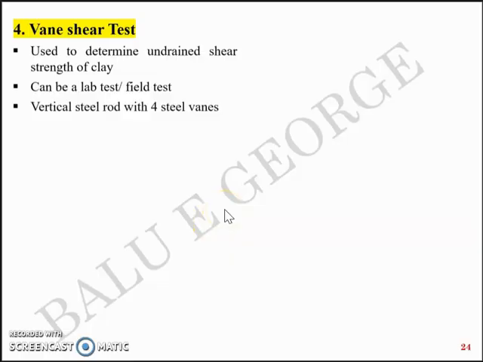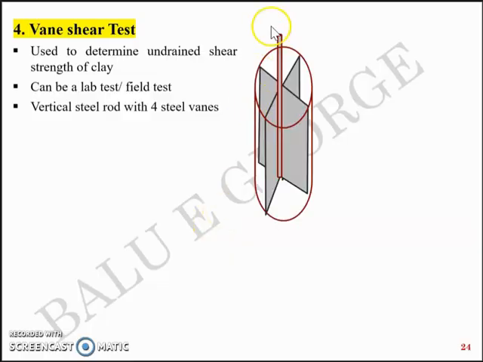So the vertical steel rod with 4 steel vanes like this is used in the Vane shear test. You have a central steel rod and you have 4 vanes or blades attached to the central steel rod. It will have a diameter D and a height H, typical values being 38 mm and 76 mm.